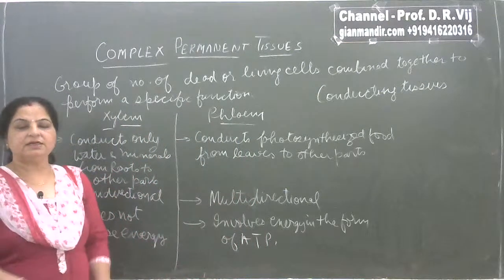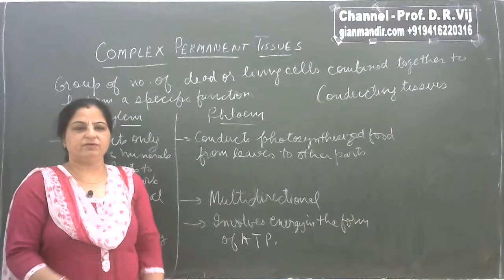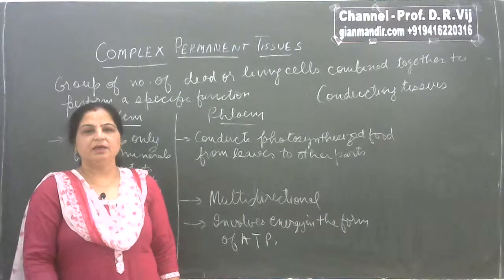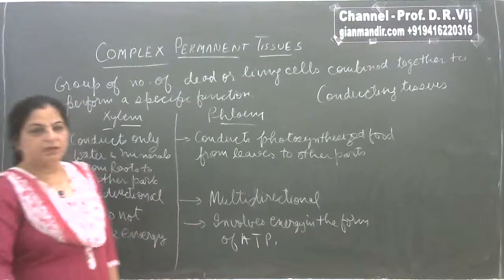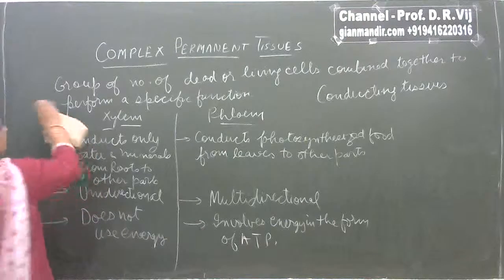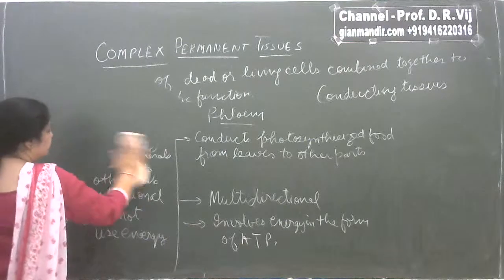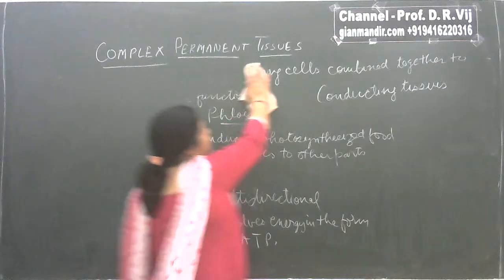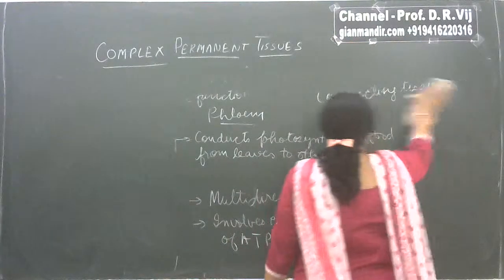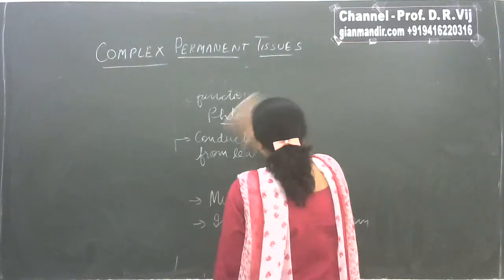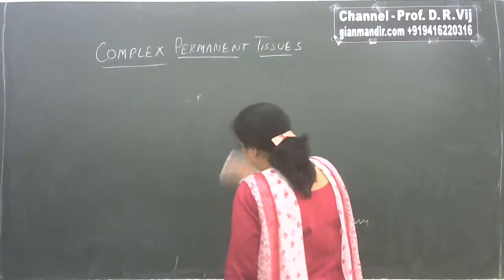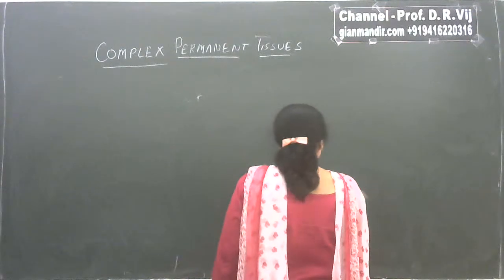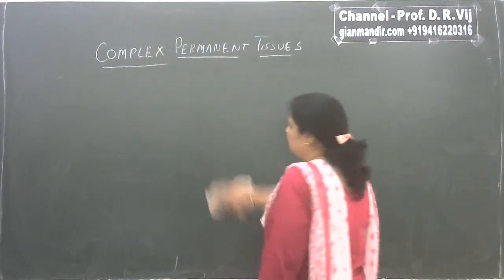So these are the basic differences between the conduction of material in xylem and phloem. Now one by one, let's have a look at the different components of xylem and phloem. As they are complex tissues, obviously they have a number of components. So now let us find out what components are present in xylem and phloem.